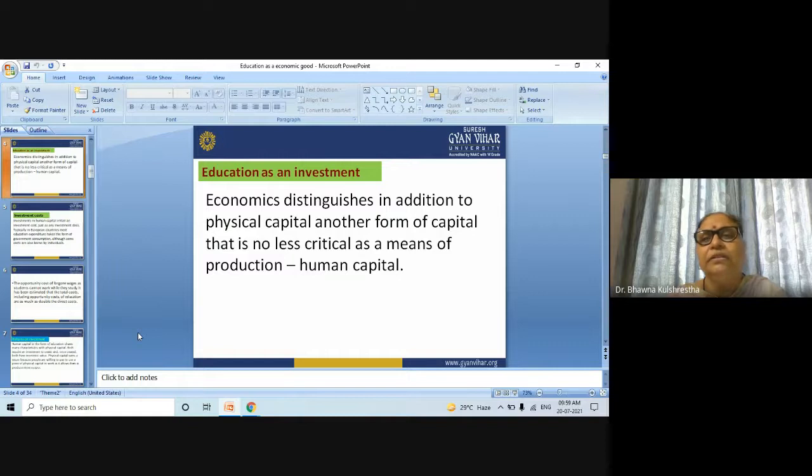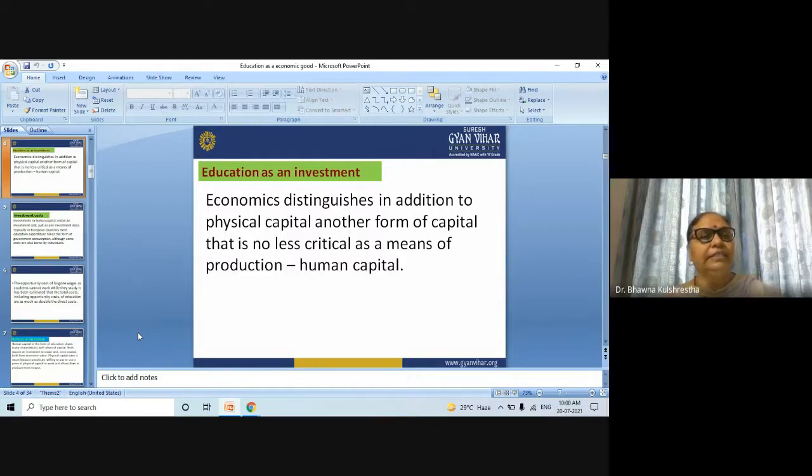The accumulation of human capital requires investments, just as physical capital does, and increases productivity as people gain characteristics that enable them to produce more output, and hence a return on investment in the form of higher incomes.